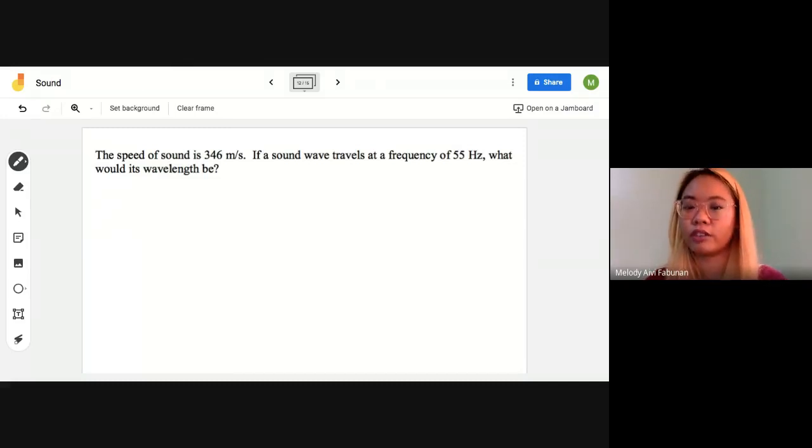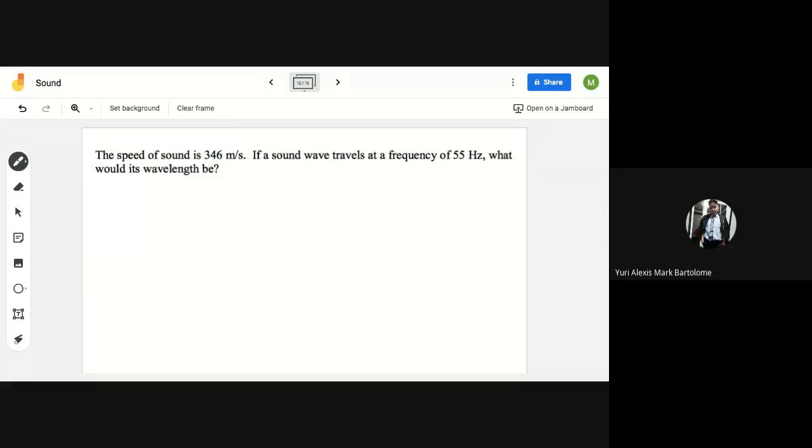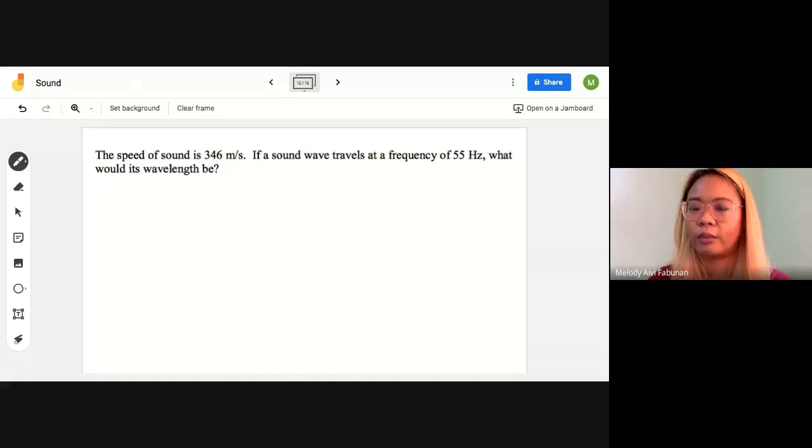And then I'm going to give you 2 minutes to try and answer it. And then we are going to discuss kung ano yung sagot doon sa ating problem. Again, the problem is the speed of sound is 346 meters per second. If a sound wave travels at a frequency of 55 hertz, what would its wavelength be? Your 2 minutes starts now.